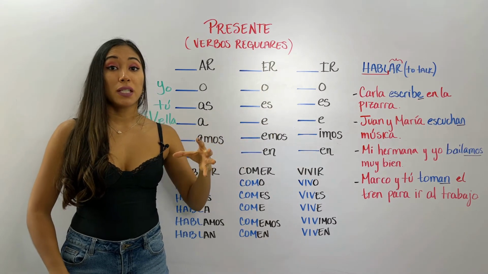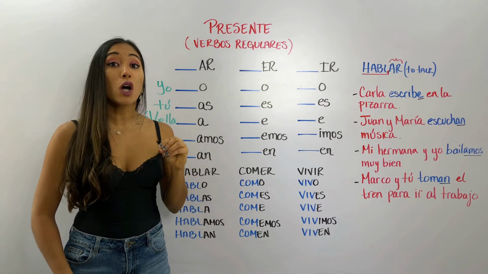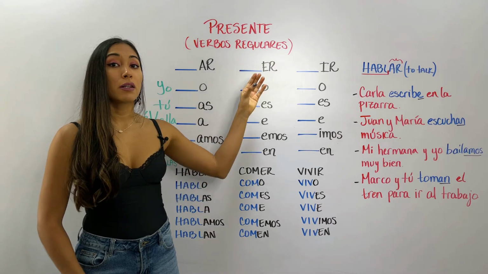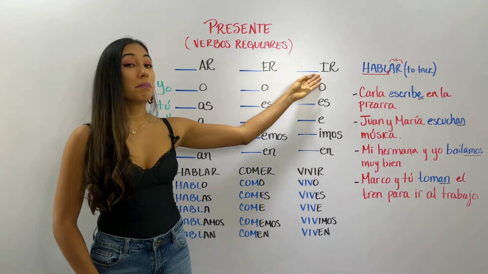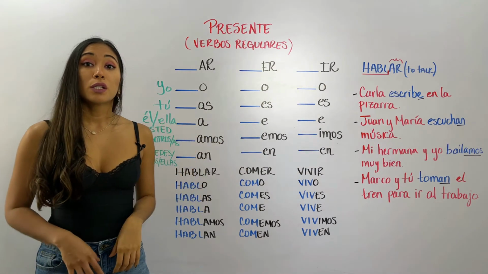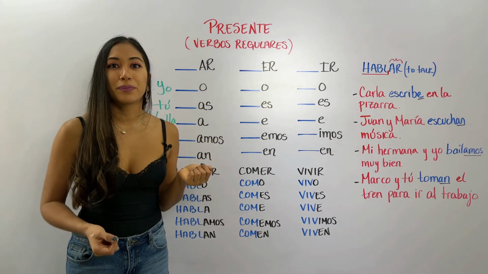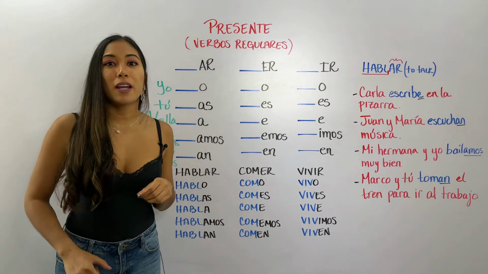In English, that's when the verb starts with to. For example, to walk, hablar, to eat, comer, to live, vivir, to dance, bailar, to run, correr, okay?